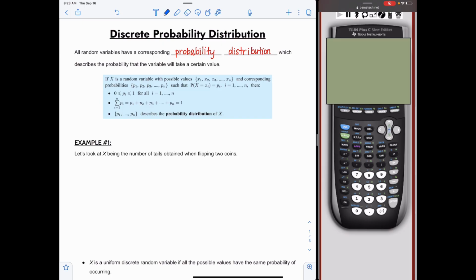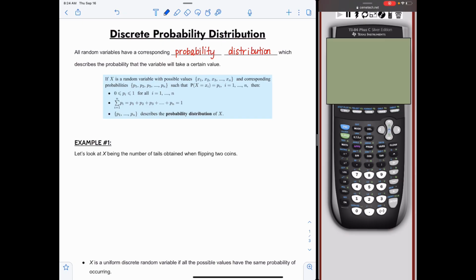So example 1, we're going to look at x being the number of tails obtained when flipping 2 coins. So we already know that if we're flipping 2 coins, we have 4 sides total. Coin 1 has 2 sides. Coin 2 also has 2 sides. So we have 4 sides total.